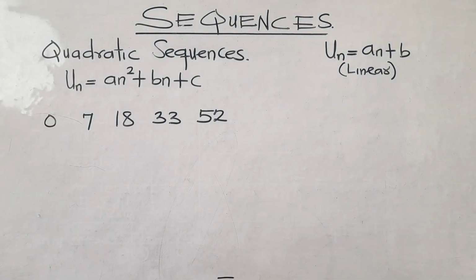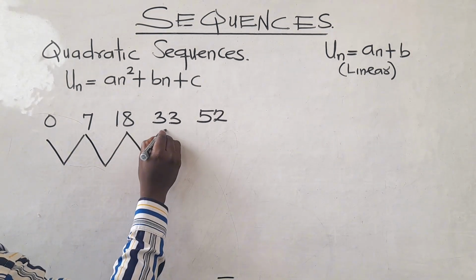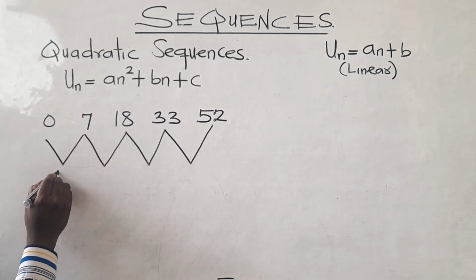Now, okay, we'll go to the first difference. First difference, 7 minus 0 is plus 7.